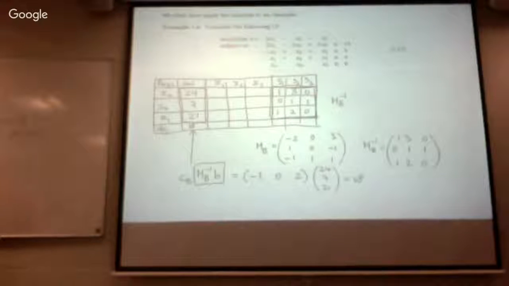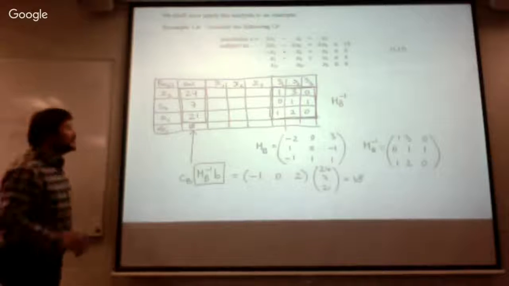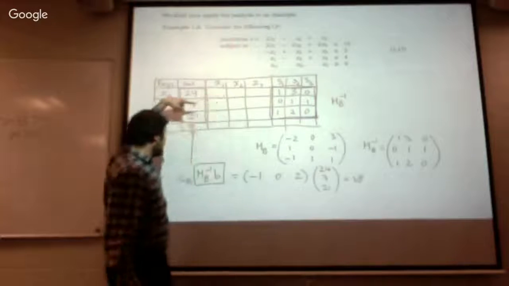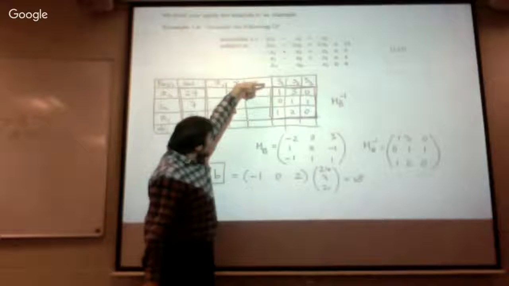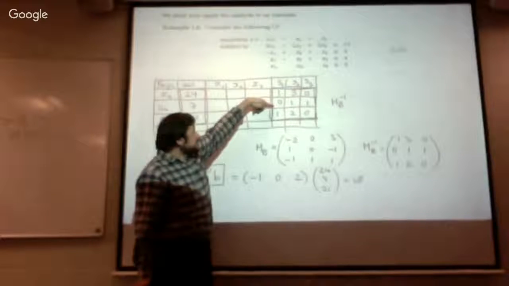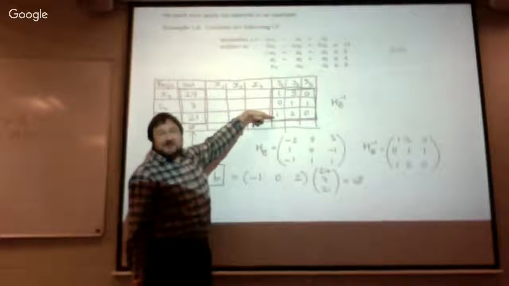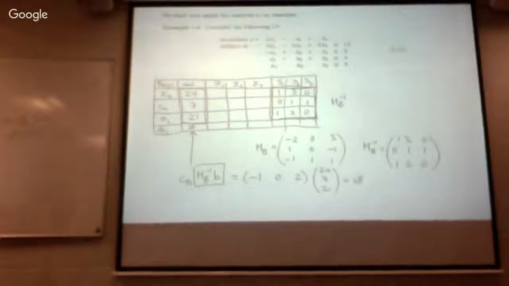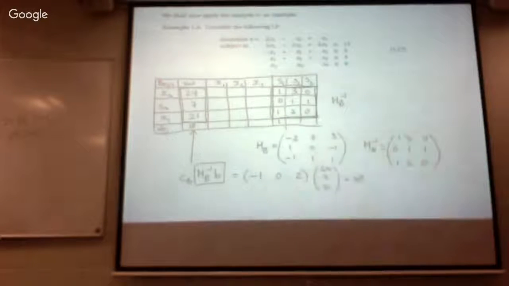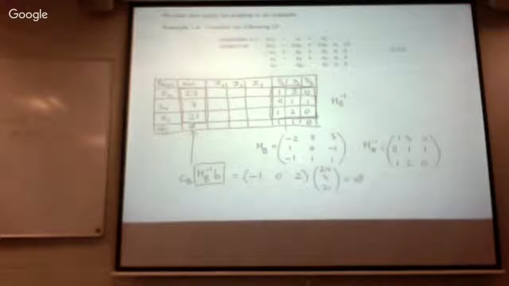And the exact same process happens here. So we say -1 times 1, 0 times 0, 2 times 1 gives you 1. And here I think you get a 1 as well. -3 plus 4. And here you get 0, which is good because S3 is in the basis, so we had better get 0.